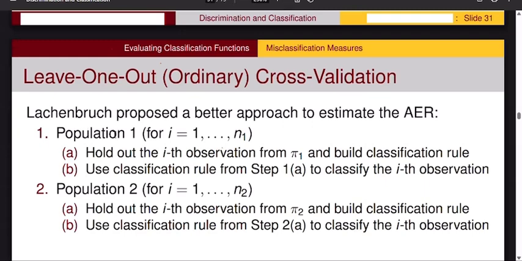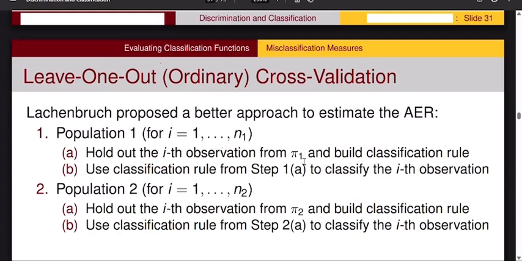Population one, I say hold out one observation from group one. When you want to build your classification rule, you are not going to use all the observations in group one. You leave one out. That one that you leave out is what you're now going to test your model on.